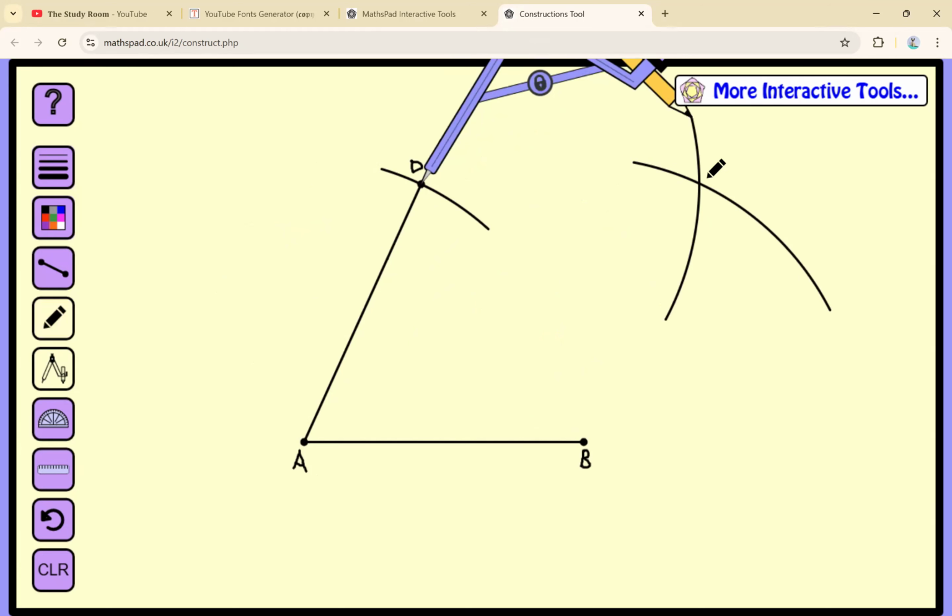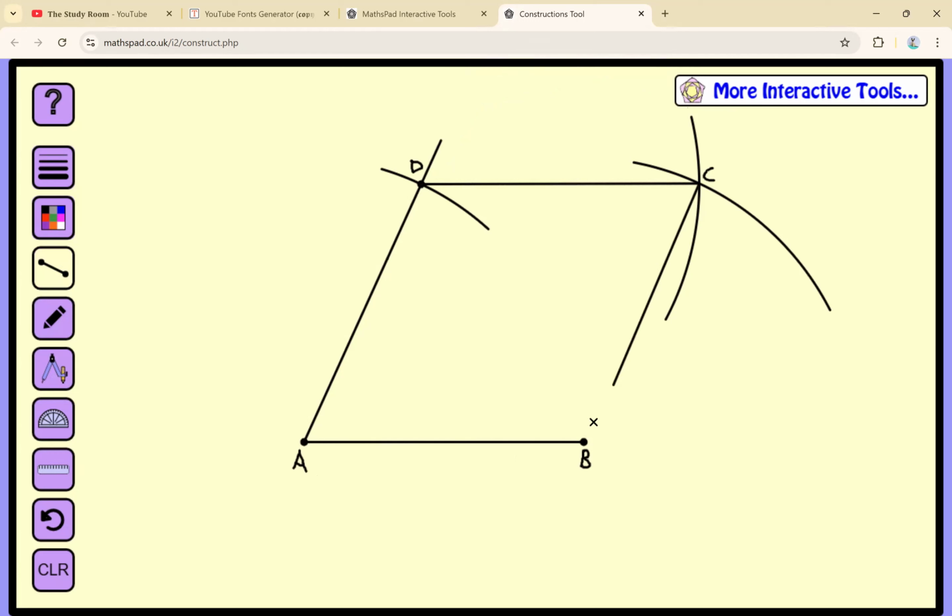So this will be point C already. Then all we need to do is join up the points here, and here join to here. So you'll get your rhombus ready, A, B, C, D.